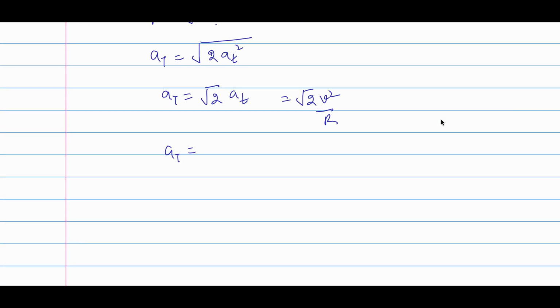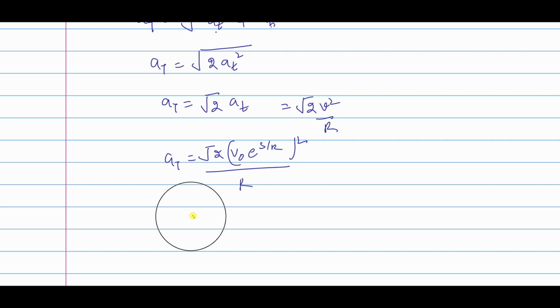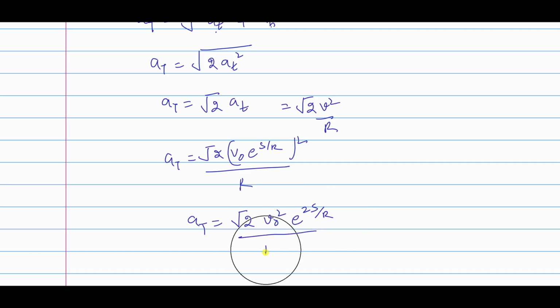So we can write (v naught e to the power s upon r) squared upon r. So a total will become root 2 times v naught square e to the power 2s upon r, divided by r, which is our answer.